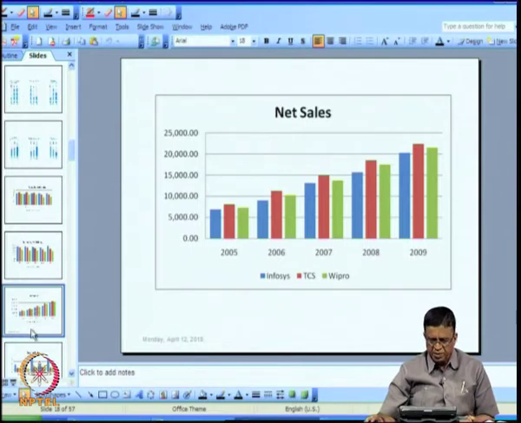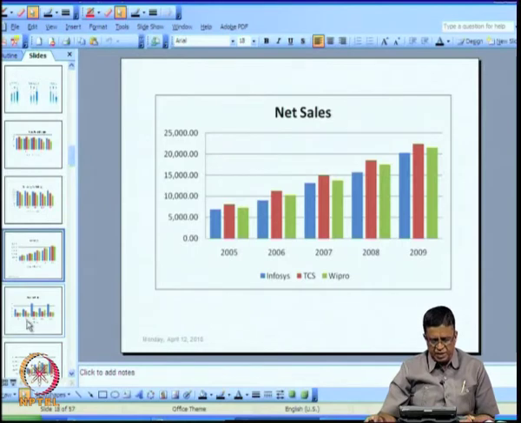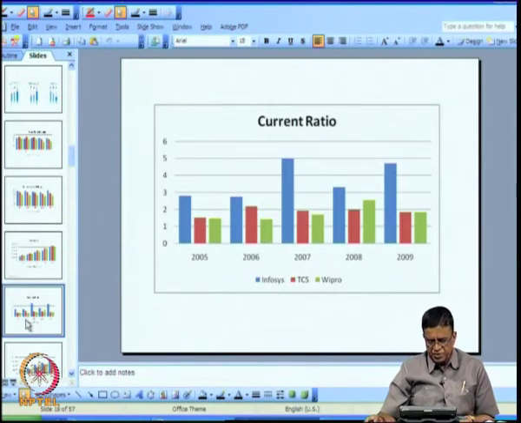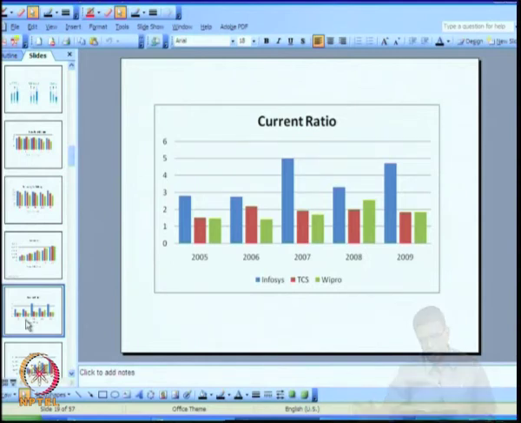And when you look at the current ratios with respect to Infosys, always higher compared to the other two firms. What does it mean? So, current assets by current liabilities. So, its assets are much higher than the liabilities.